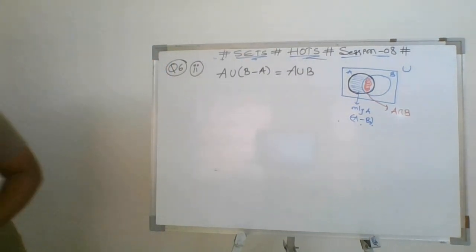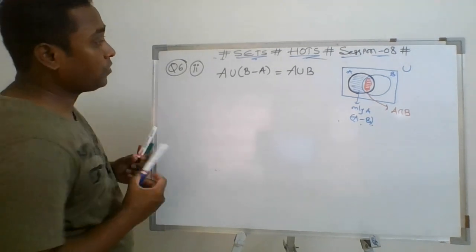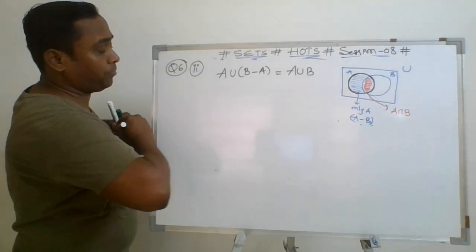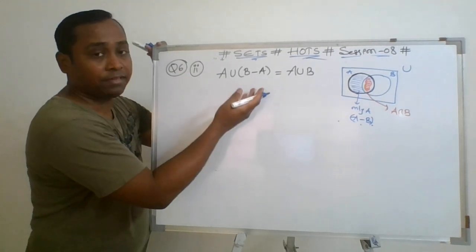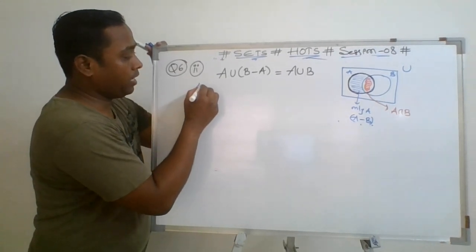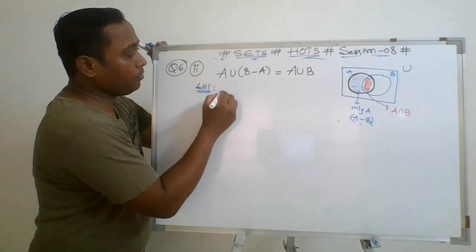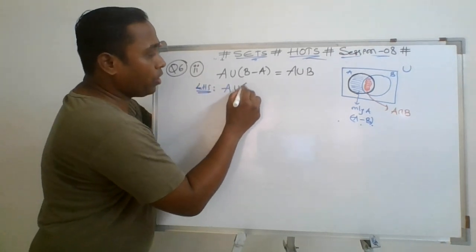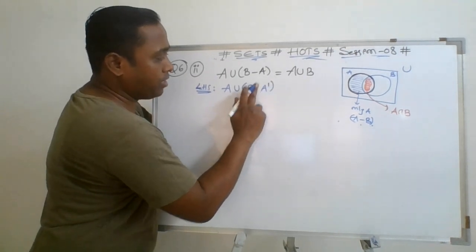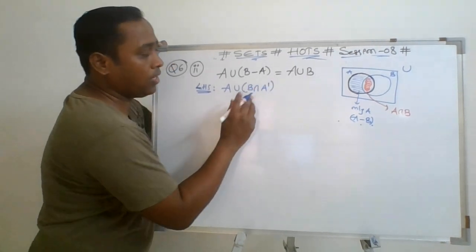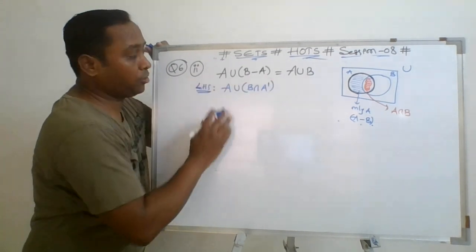Again, the same way which I have told you. This difference is there, so first I need to convert it into intersection by definition. I am taking the left hand side portion. I am directly writing A union (B intersection A dash), as I can write this difference B minus A as B intersection A dash.